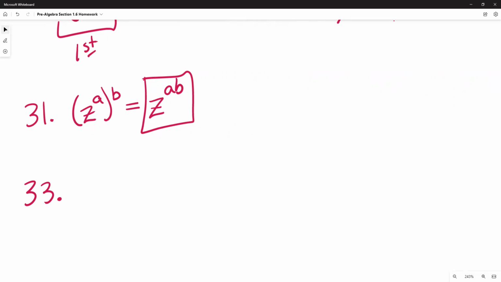Okay, here we go. X to the power of 4a over x to the power of 2b. What do you think, Isaiah? What do you think we should do?